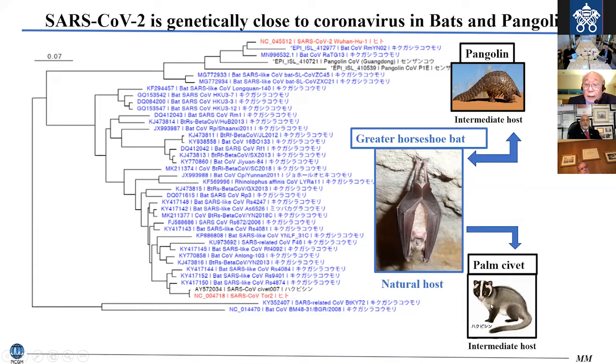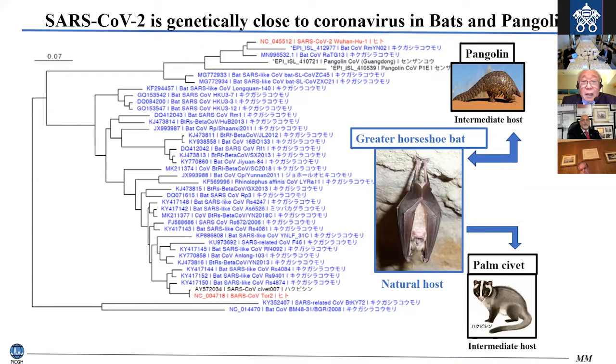Also, the palm civet, a white-nosed cat, is an intermediate host for SARS.